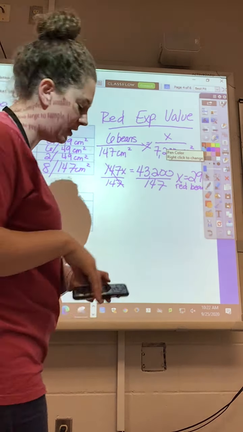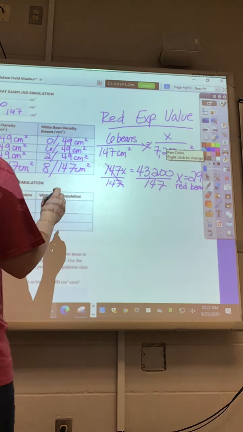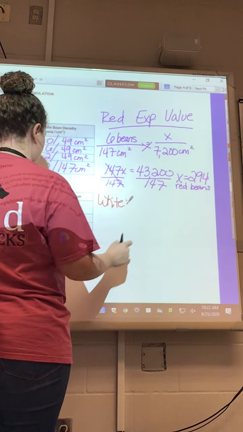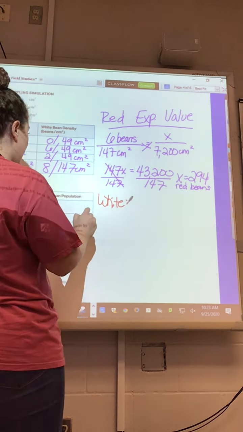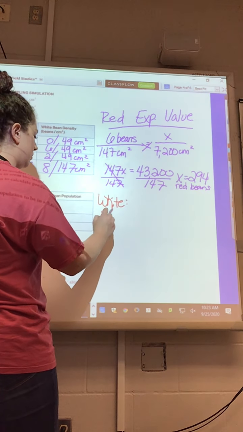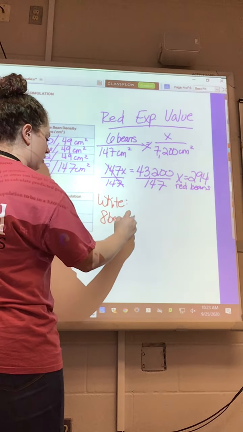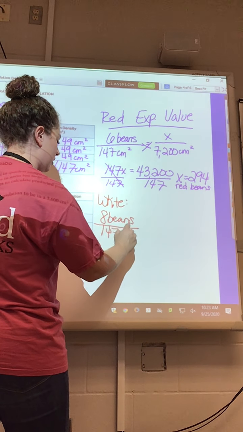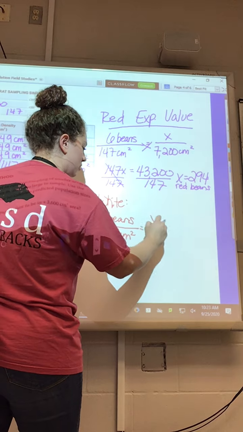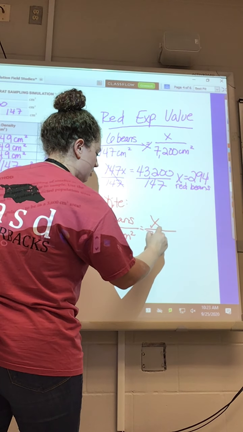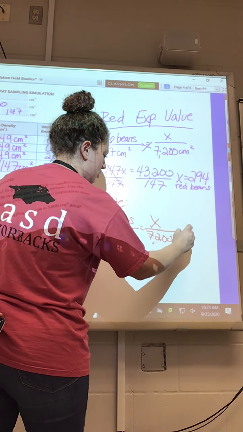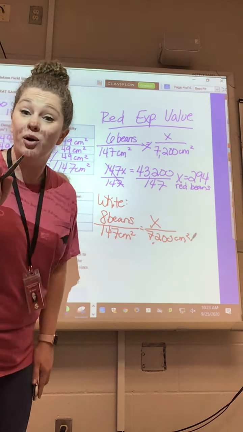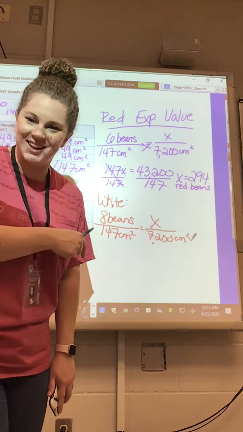All right, so for the white, we're going to set that up. 8 beans over 147 centimeters squared, set that equal to 7,200 centimeters squared. And I'm going to let you do that math at home because I believe in you.